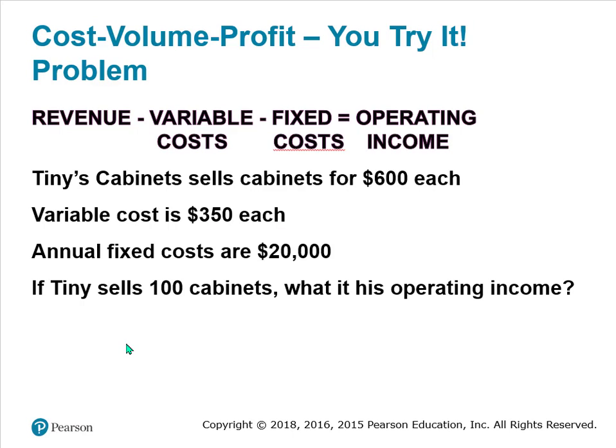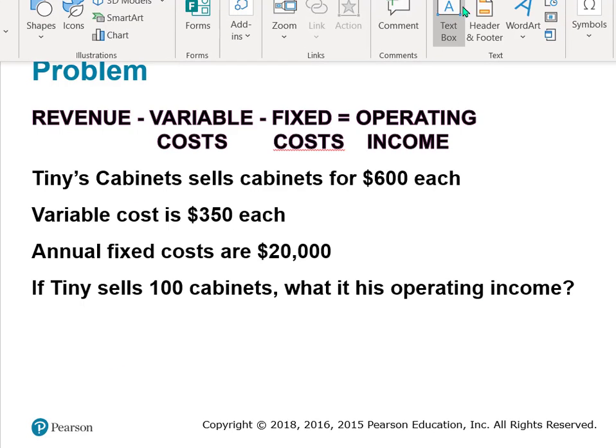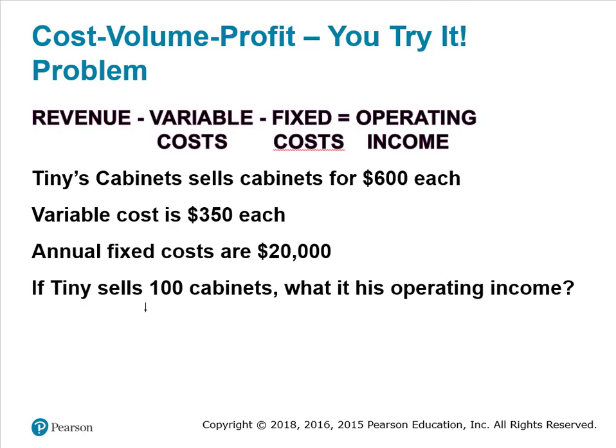All right, here's one of the try-it problems. This is Tiny's Cabinets, and they sell cabinets for $600 each. Variable cost is $300, fixed costs are $20,000. If Tiny sells 100 cabinets, what's the operating income? Now the fastest way to do this is to look at your contribution margin.